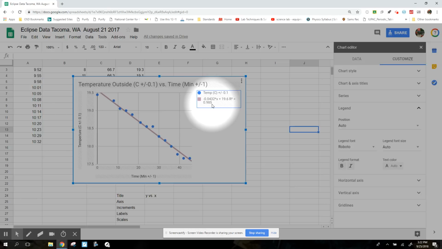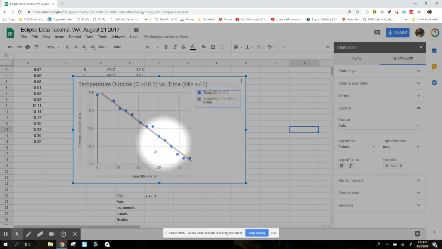So I consider this like 0.985 or 98.5% on my trend line. That is a really good linear relationship. That's telling me that basically, in essence, 98.5% of all of my data falls on my trend line. So I can make a really good conjecture that my temperature versus time relationship is linear.